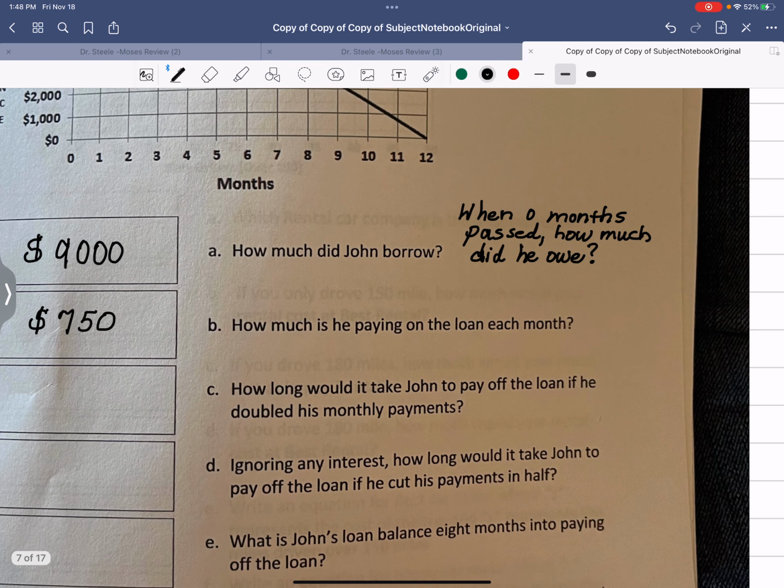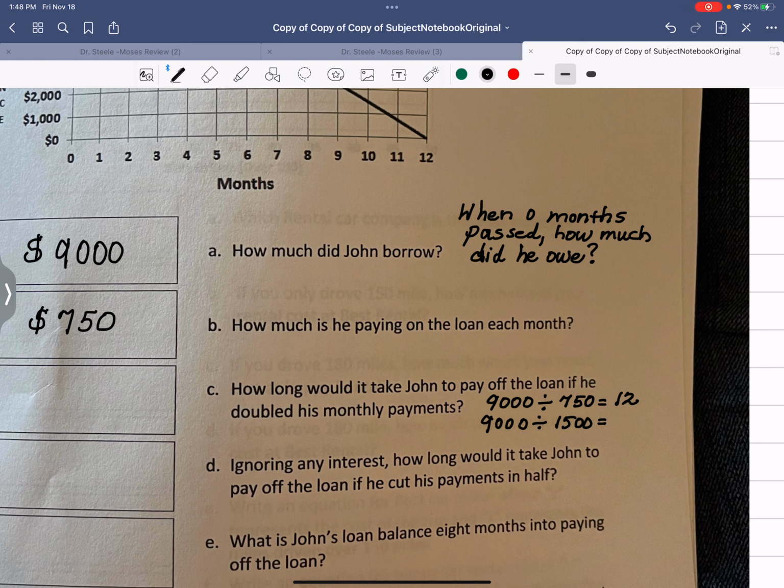How long would it take John to pay off the loan if he doubled his monthly payments? Well, if we have a $9,000 loan and he's paying it off at $750 a month, that's 12 months. That's what the graph is showing. But this is saying what if we double those payments? So 9,000 divided by 1,500. What's going to happen to this last number there?